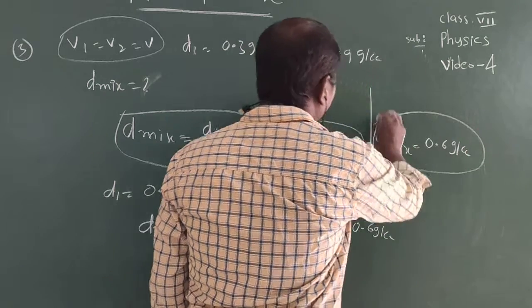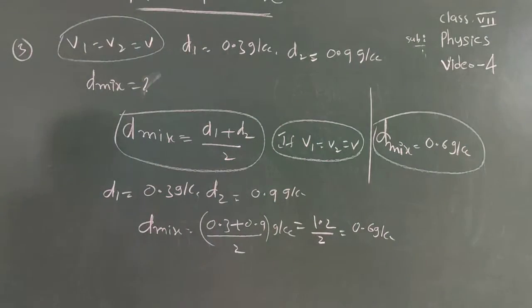If two liquids of densities D1, D2 have equal volumes, then density of the mixture is equal to D1 plus D2 by 2.